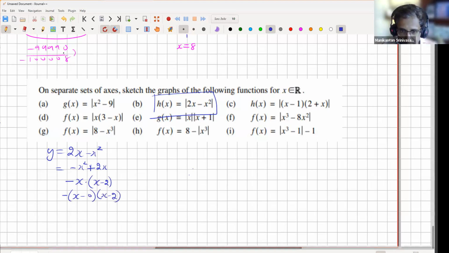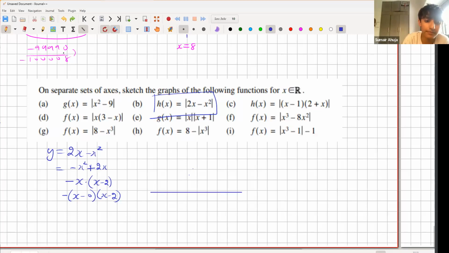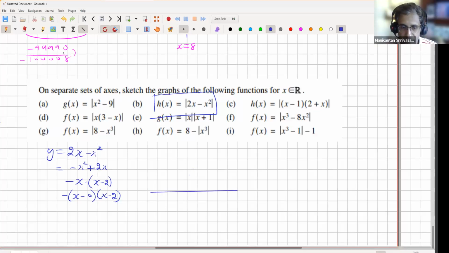So the other value that you were searching for was 0 itself. This quadratic function has two intercepts, x equal to 0 and x equal to 2, right? And it'll reach a peak value at x equal to 1. And it's a downward going parabola.